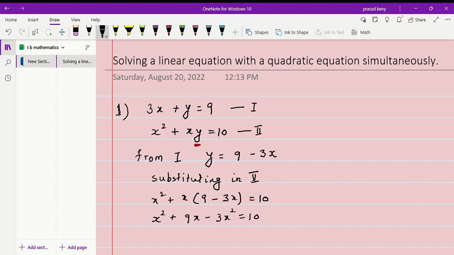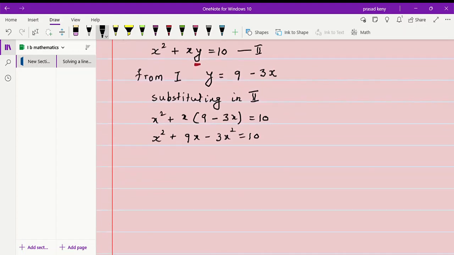Now let us get this quadratic equation in the standard form. So x square minus 3x square, that is minus 2x square, plus 9x, and take 10 on the other side, so minus 10 is equal to 0.